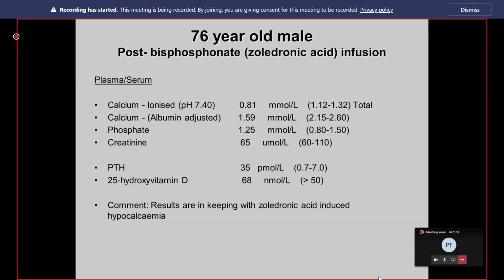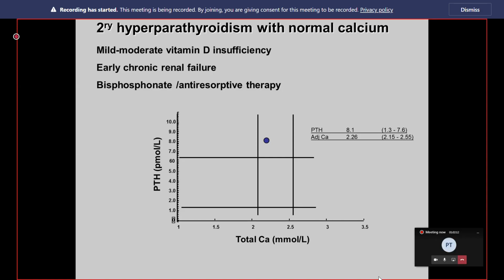Most patients, when they're treated with anti-resorptive agents, develop a mild reduction in serum calcium, often within the normal limits, and often they develop secondary hyperparathyroidism.